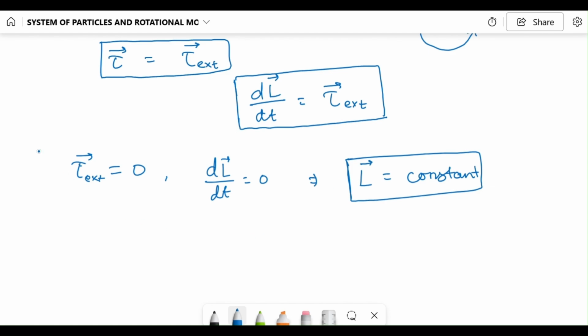In the same way, you can say if there is no net external torque, the angular momentum of the system will remain unchanged or conserved.